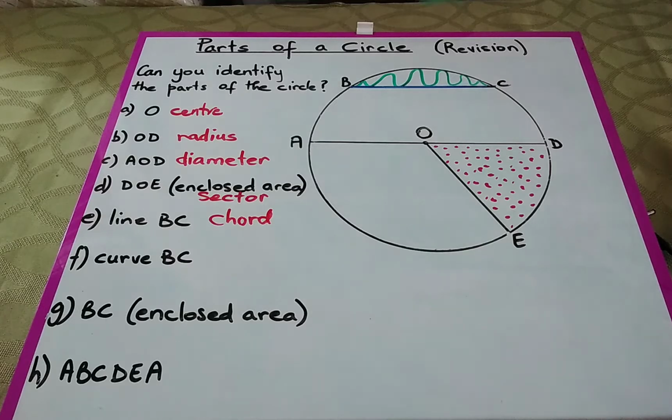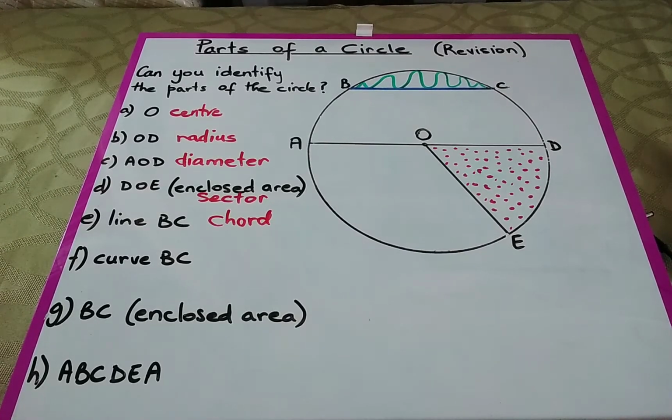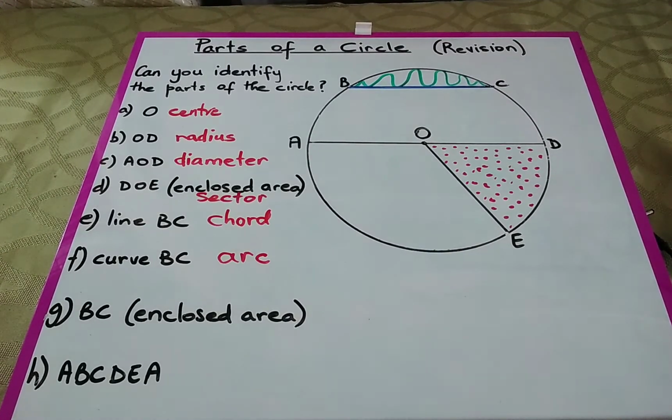What do we call BC, the curve BC? What do we call it? It's called the arc. Not the spelling of Noah's Ark, but the arc, the part of a circle, A-R-C. What do we call the enclosed area in green? The enclosed area enclosed by a chord and an arc.